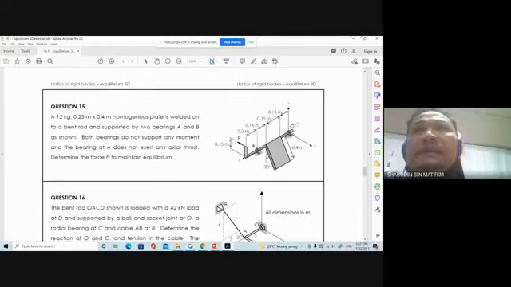Both bearings do not support any moment, and bearing A does not support any axial force. Determine force P to maintain equilibrium.